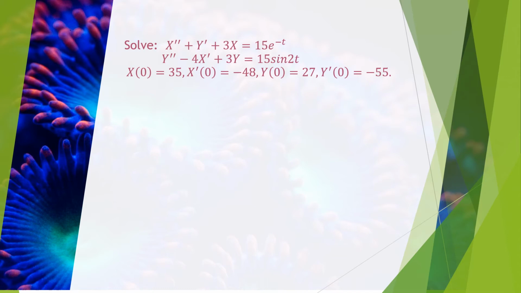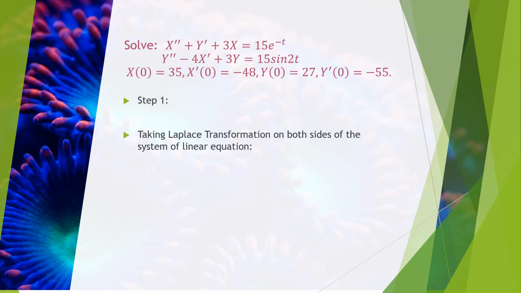But when we are trying to solve these equations, you should recollect the Laplace transformation for e raised to negative t, the Laplace transformation for sine of 2t, the Laplace transformation for the second derivative of x, for the first derivative of x, and for x, and the same way for the variable y. So in our first step, we are going to take the Laplace transformation on both sides.